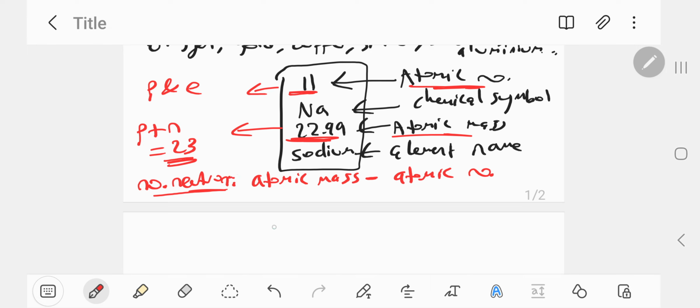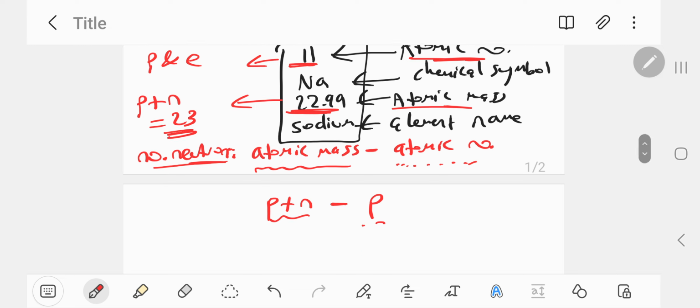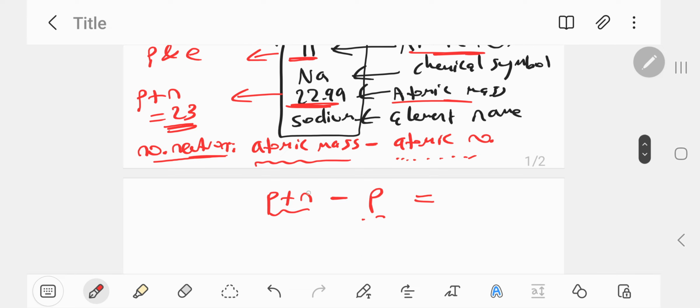So the atomic mass is the protons plus neutrons, P plus N. Atomic number is the number of protons or electrons. I'm going to put P in this case for protons. This is simple algebra. P minus P is 0. Left with N. N is the number of neutrons. So that's why atomic mass minus atomic number gives you the number of neutrons, N. Okay, just a bit of algebra.